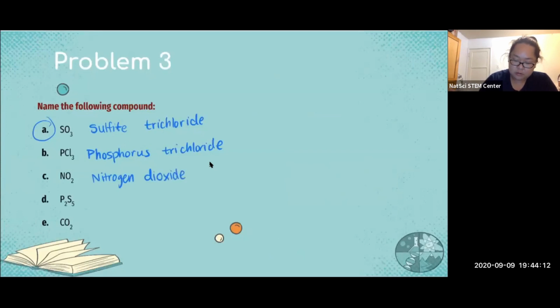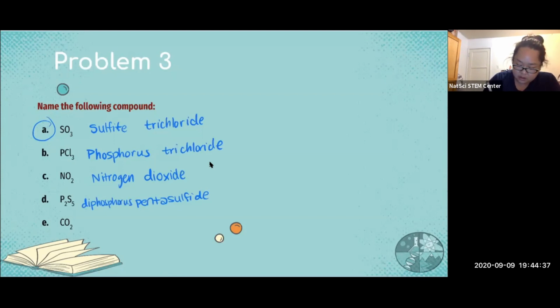Okay, so let's do D. Phosphorus pentasulfide. How many phosphorus do you have? 2. Would it be diphosphorus? Yeah, so it'd be diphosphorus pentasulfide.